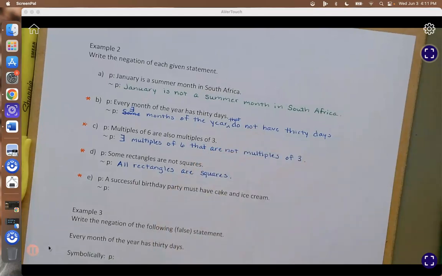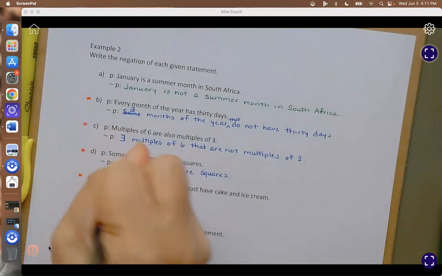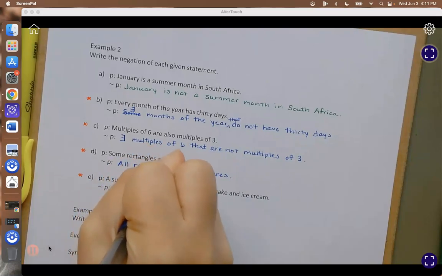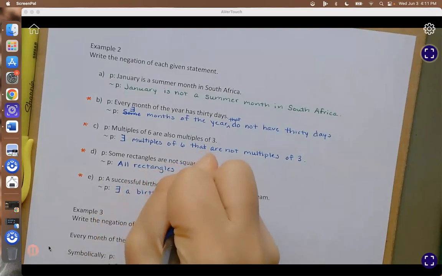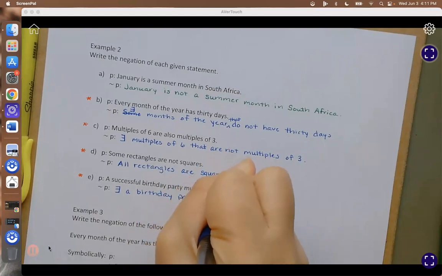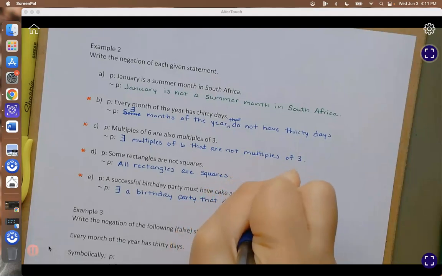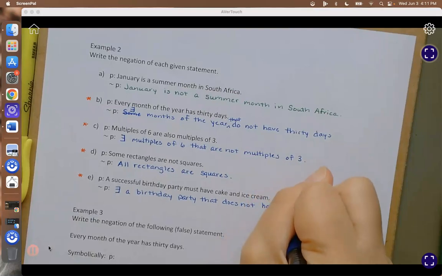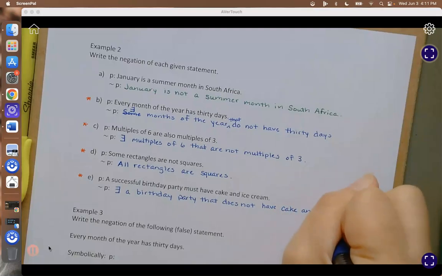A successful birthday party must have cake and ice cream. We'll put there exists a birthday party that does not have cake and ice cream.